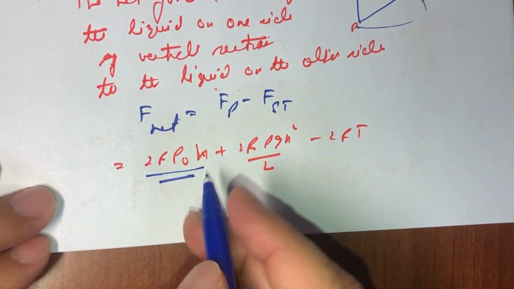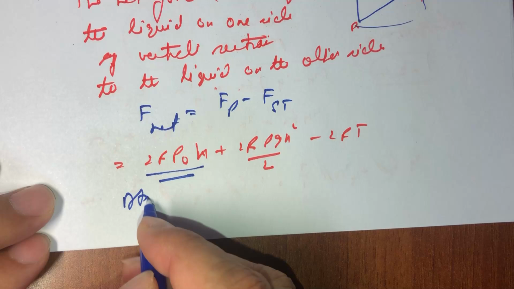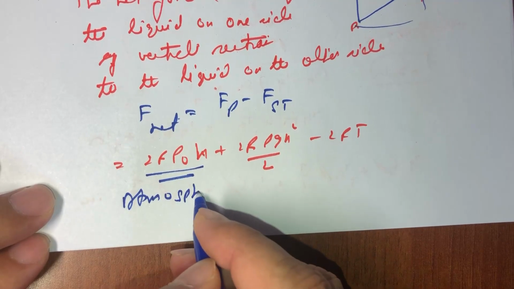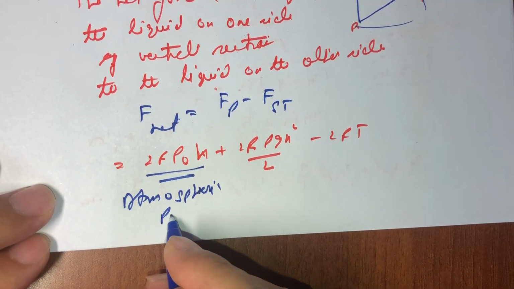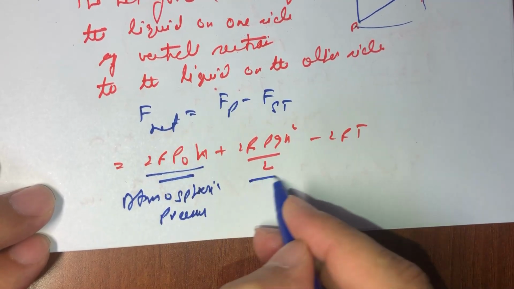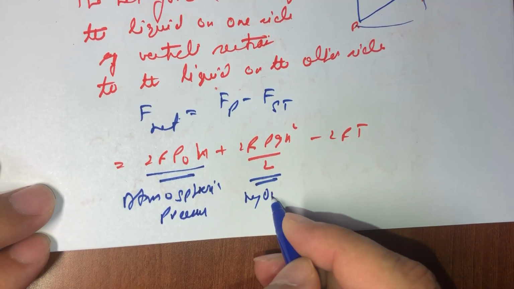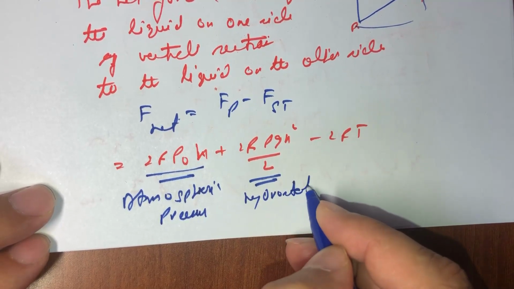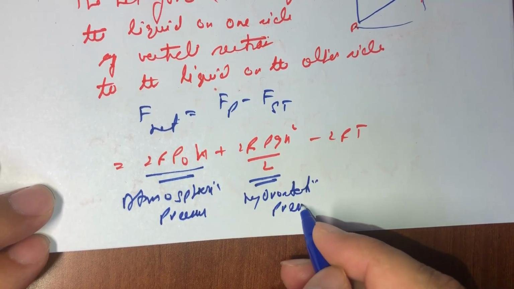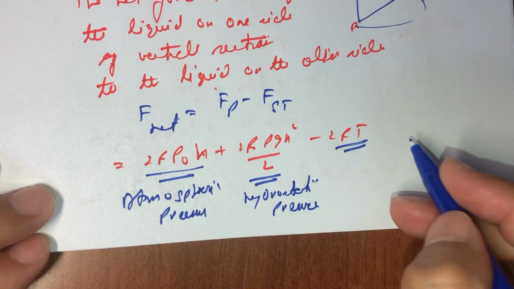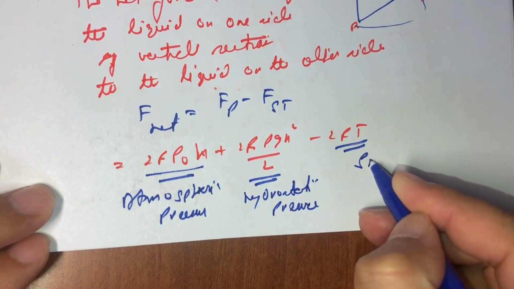First term is atmospheric pressure. Second term is hydrostatic pressure. And third is surface tension.